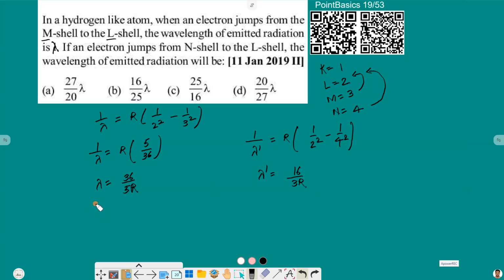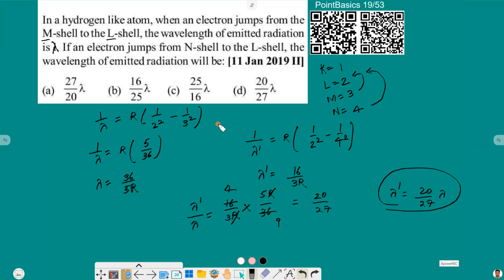Now I can find the relation between them: lambda dash by lambda will be equal to 16 by 3R multiplied by 5R by 36, and this will be 20 by 27. So lambda dash will be 20 by 27 times lambda. This is the relation we have, and that matches with option D here.